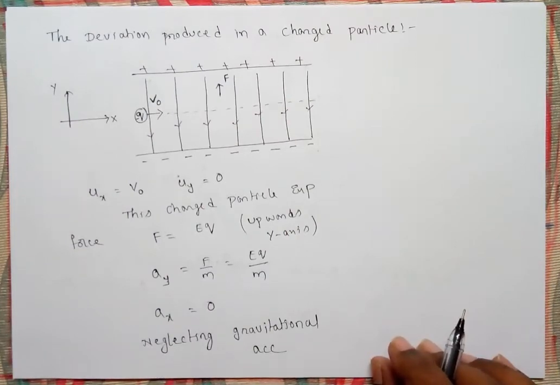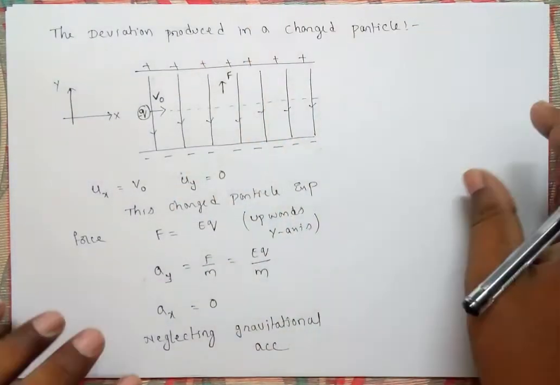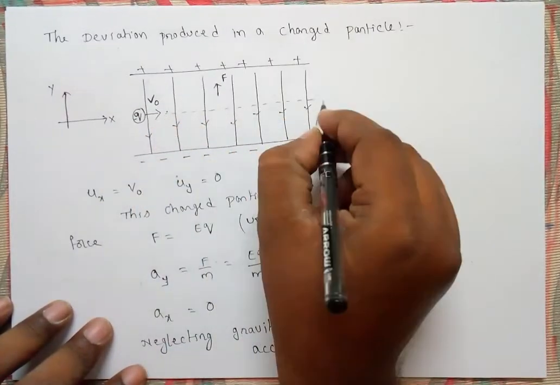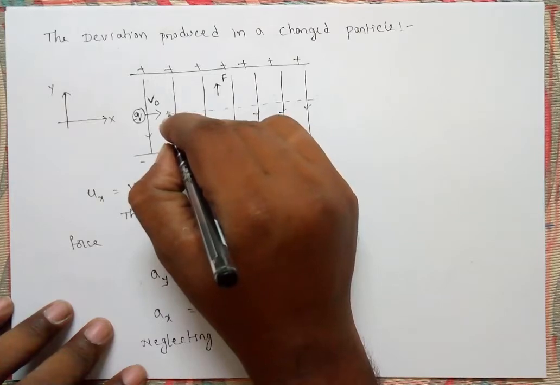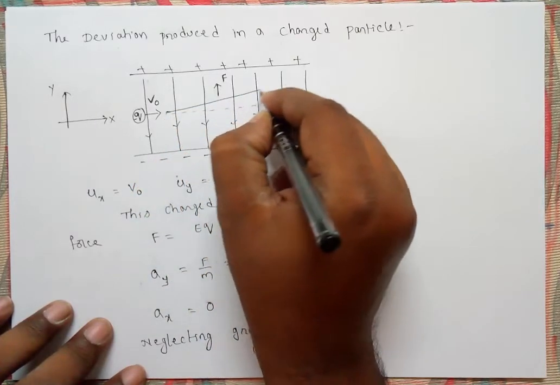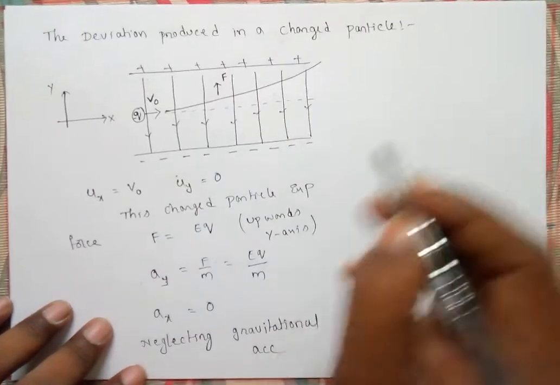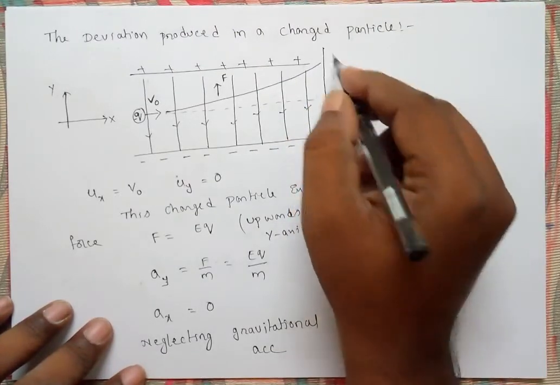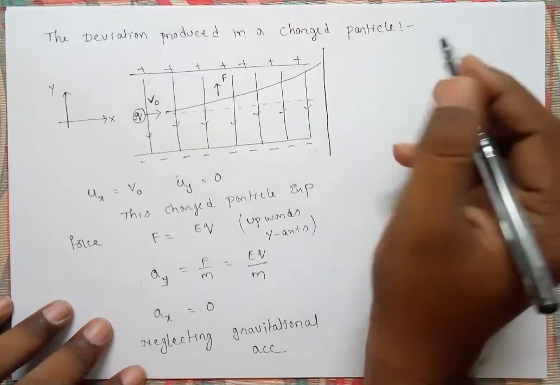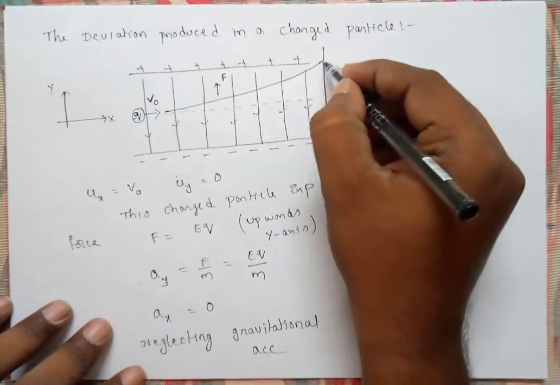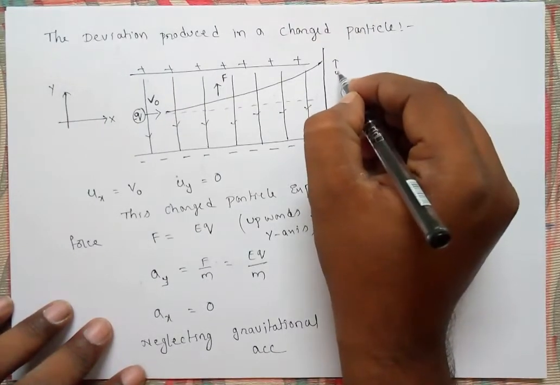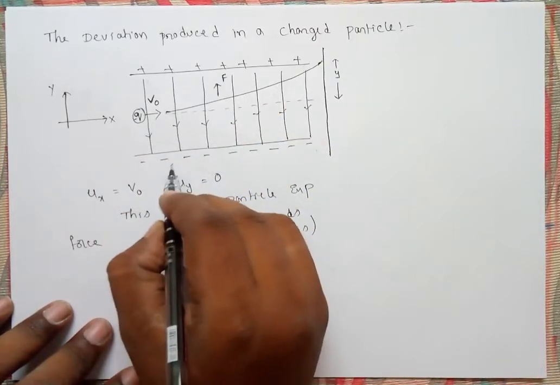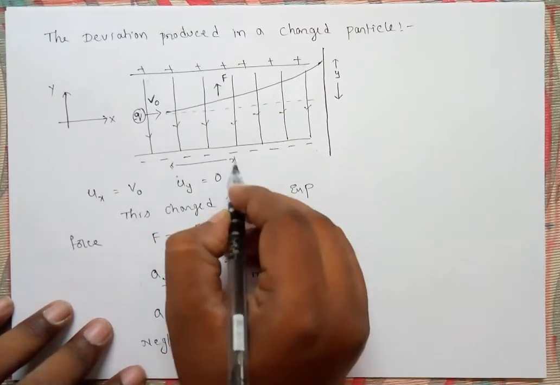Now the force is experienced upwards, so the particle will be deviated. Actually it has to travel straight, but it slowly deviates and goes like this. If you place a screen, it will hit the screen after coming out. This is the vertical distance traveled by it, and this is the horizontal distance.